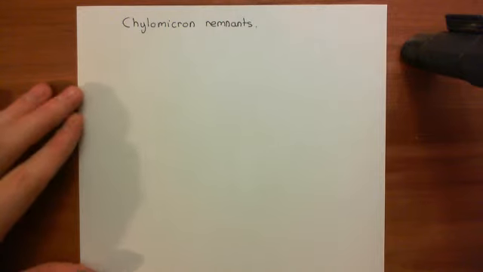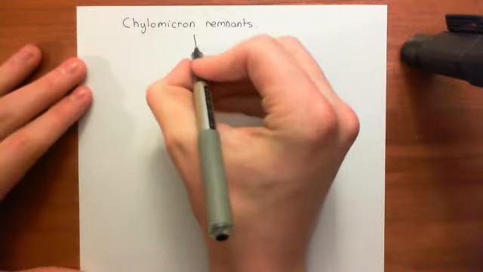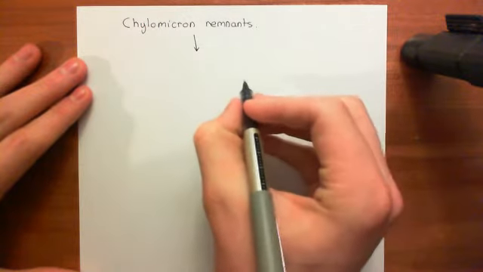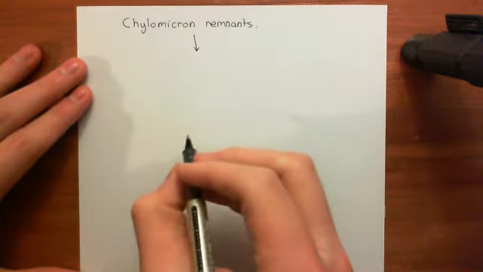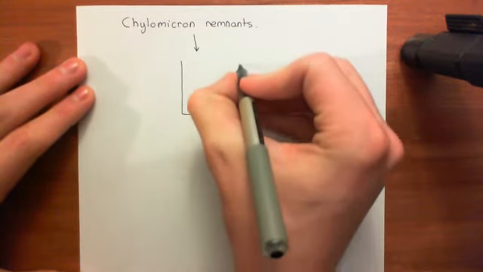Now this is going to go to the liver. So the chylomicron remnants will go to capillaries within the liver, and they will be removed from the blood by the hepatocytes. So let's draw a hepatocyte here.